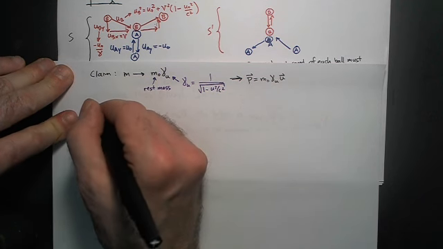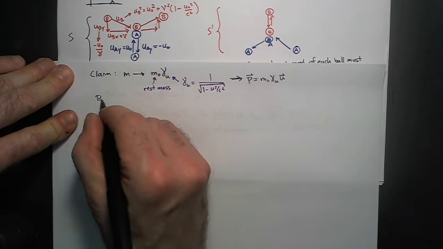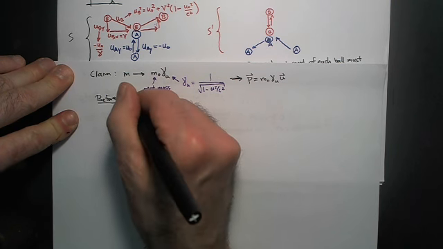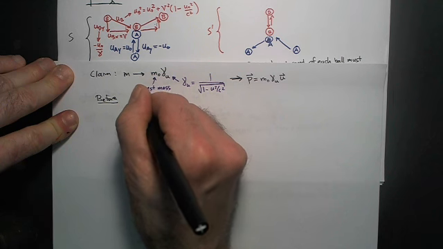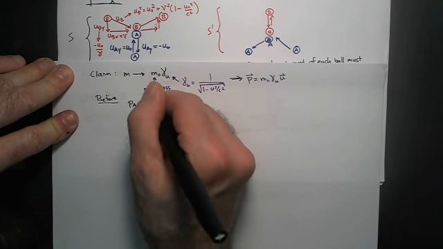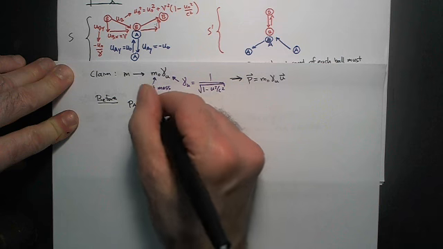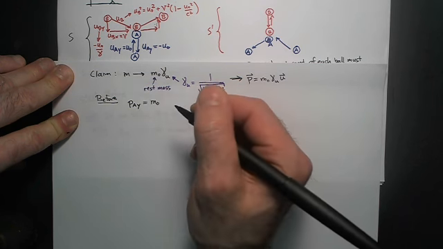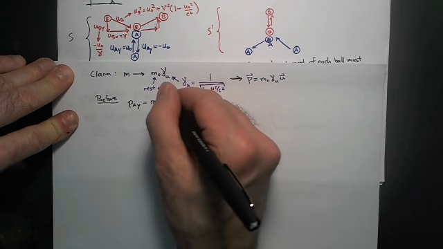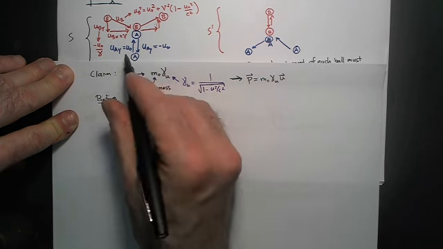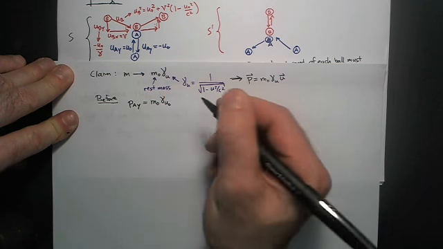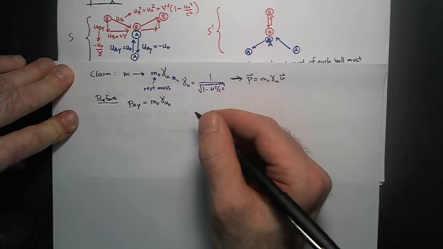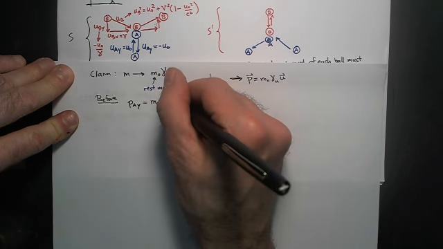Before the collision, we have that the momentum of ball A in the y direction is equal to, using our new expression, the rest mass of ball A, which is m naught, times the gamma appropriate to ball A, which would be gamma sub u naught, times the speed in the y direction of ball A, which is just u naught.